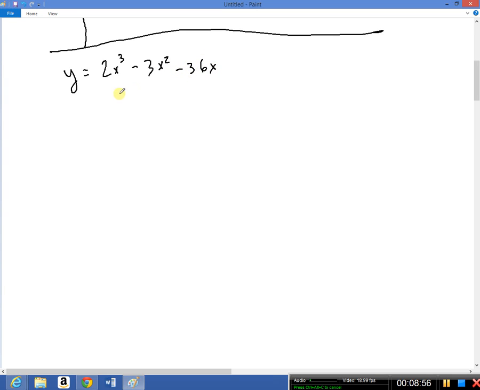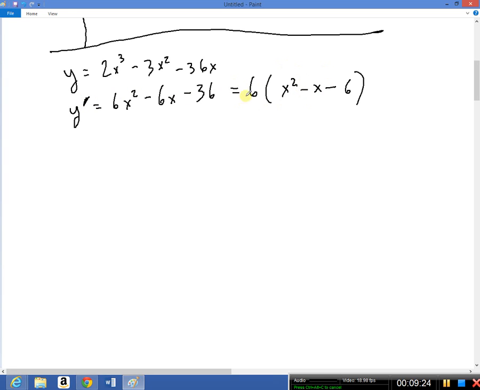So the derivative of that is pretty simple. y prime equals 6x squared minus 6x minus 36. A lot of 6's here. Why don't I factor those out so I know what I'm looking at better. 6 times x squared minus x minus 6. Okay, that's the derivative. We want to know where the derivative is equal to 0 and where the derivative is undefined.